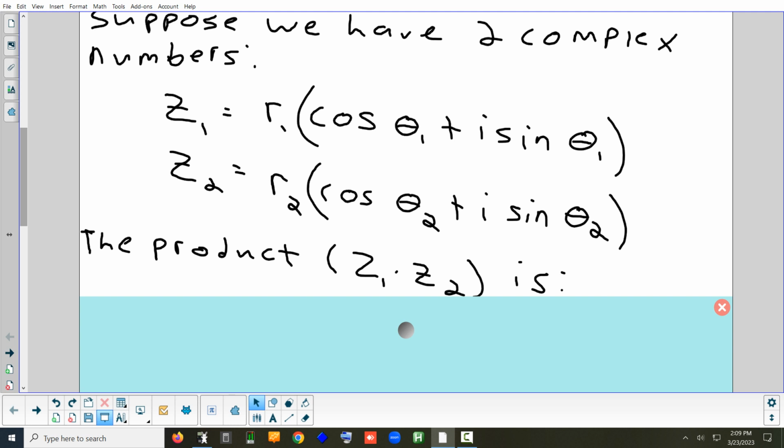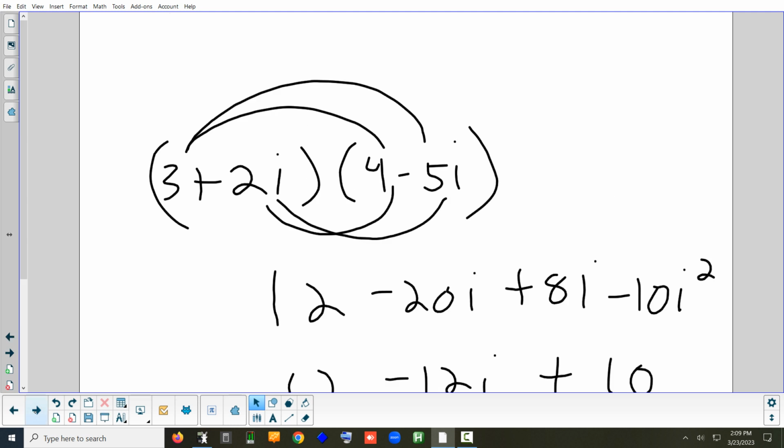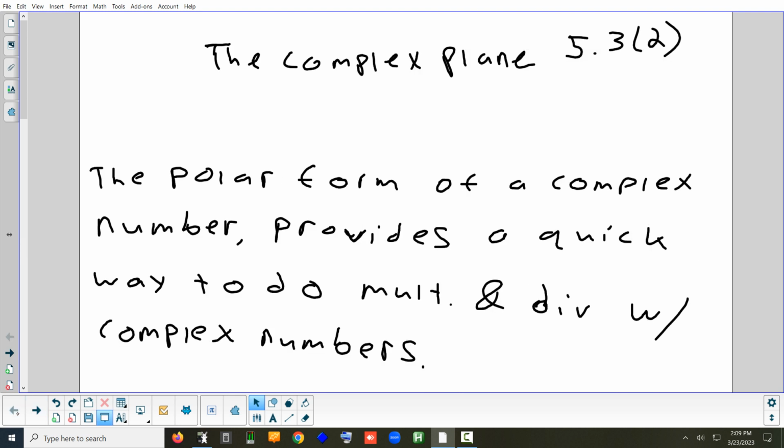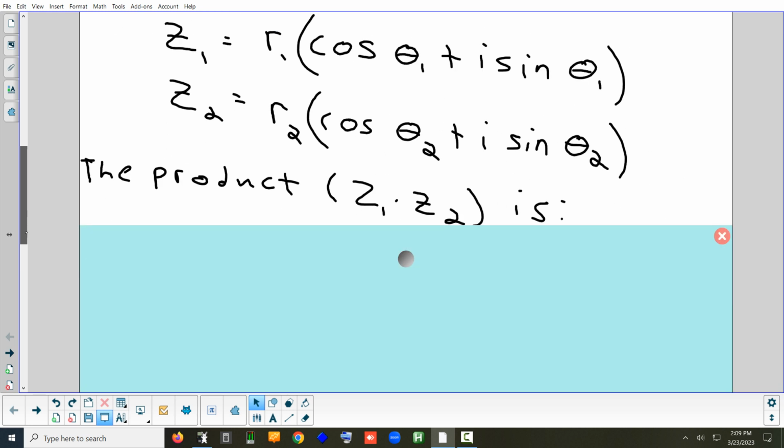The first complex number has an angle, I'm calling it theta 1, and the second complex number has an angle called theta 2. Instead of multiplying, combining like terms, changing to i squared, and then combining like terms again, which is probably 8 or 9 calculations, we can do it in 2.